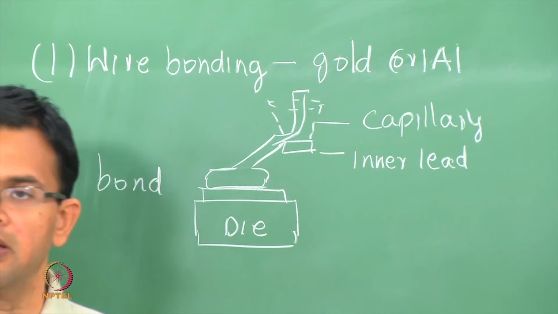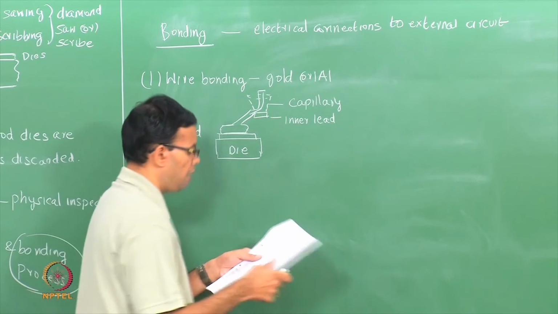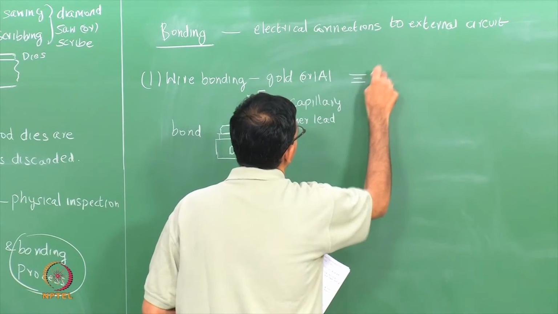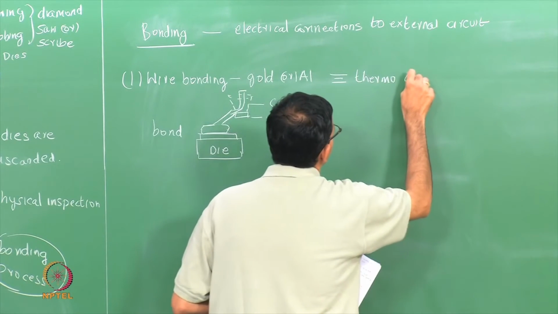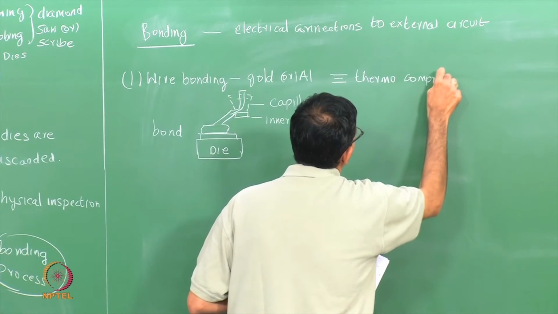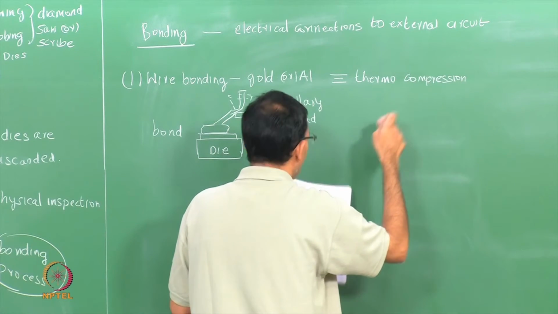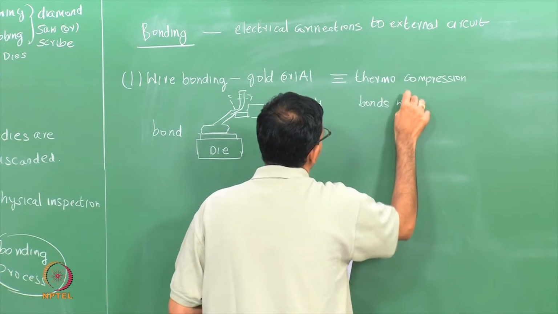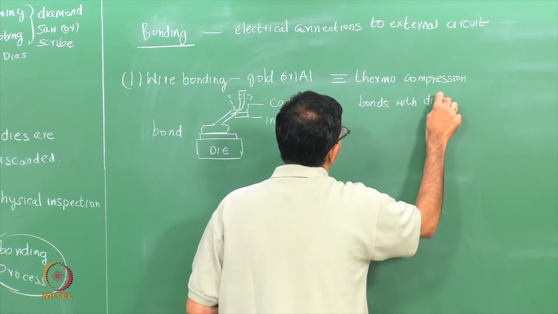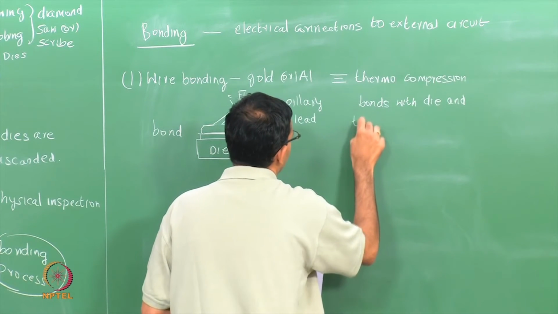In this case the gold is fed through the capillary and by thermocompression it basically forms a bond with both the die and the lead.